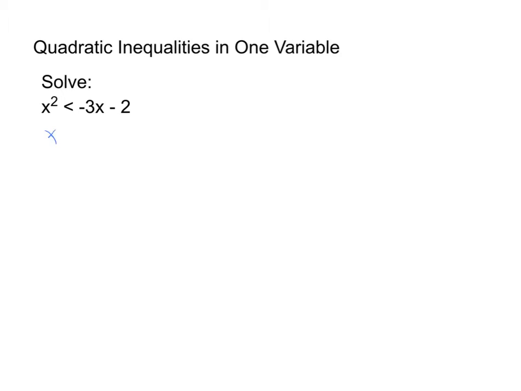So let's move everything to one side. x squared plus 3x plus 2 is less than 0. So just adding 3x and adding 2. And then factor that: (x plus 1)(x plus 2).